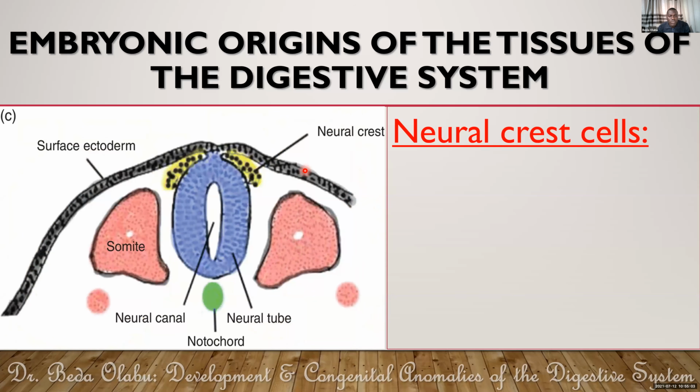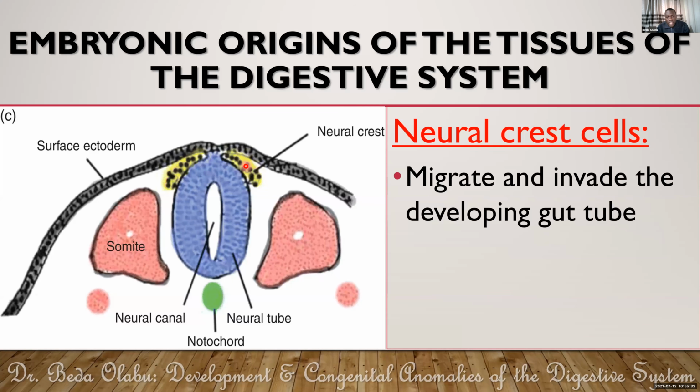The cells of the neural plate which are not incorporated into the tube constitute the neural crest cells. The neural crest cells are very migratory, and they're also pluripotent cells. Migratory to mean they leave where they are and move to other parts of the body. And pluripotent to mean that they have the capacity of forming multiple tissue lines.